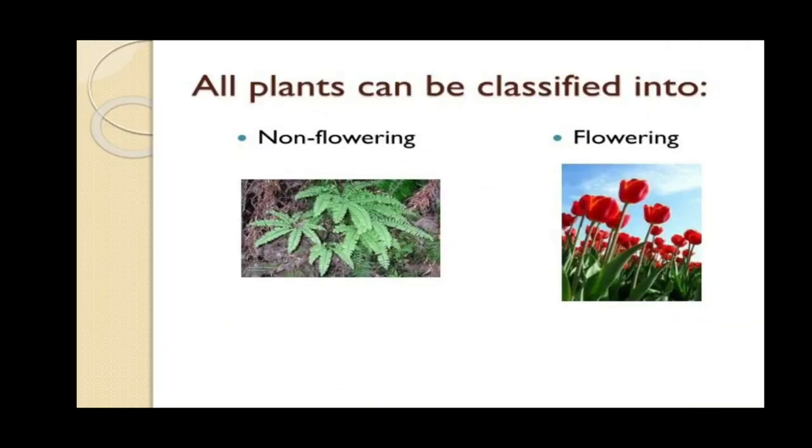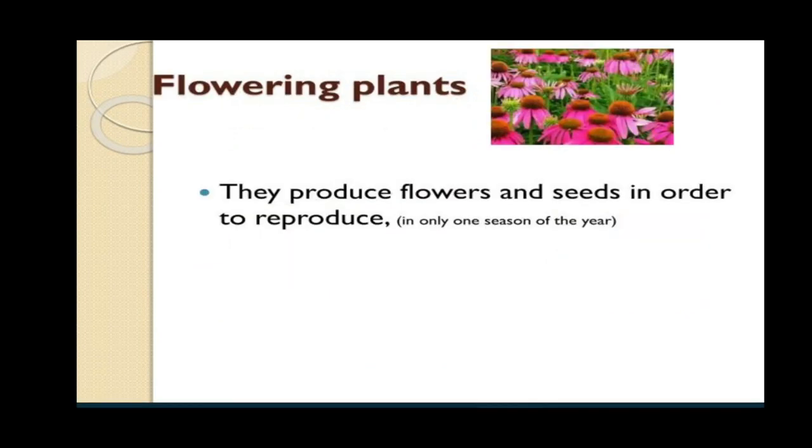Next is your classification of plants on the basis of their flowers. So dear students, there are a number of plants on the earth. Some plants bear flowers, while others do not. So plants which bear flowers are known as flowering plants. And the plants which do not bear flowers are known as non-flowering plants.